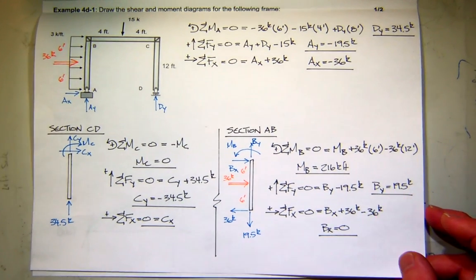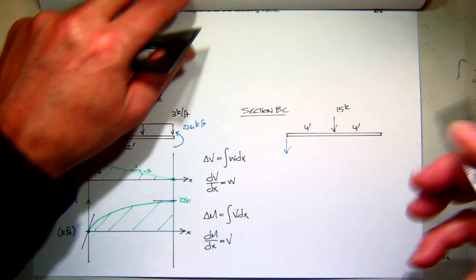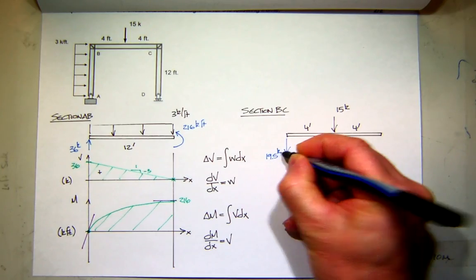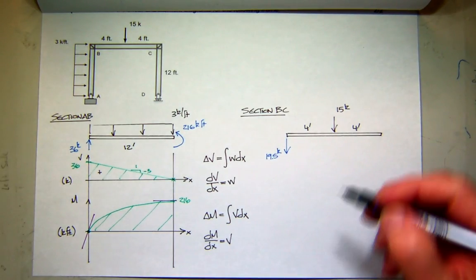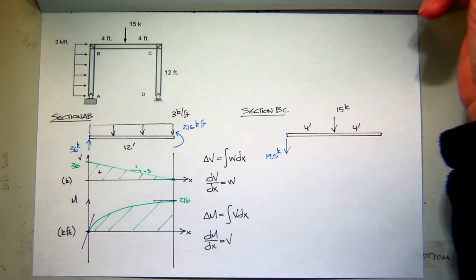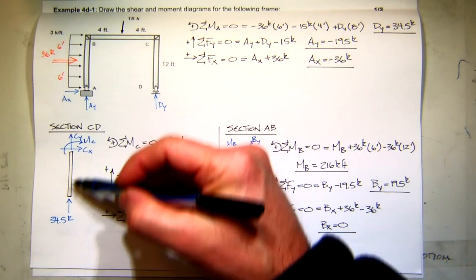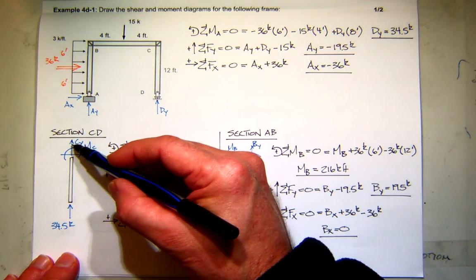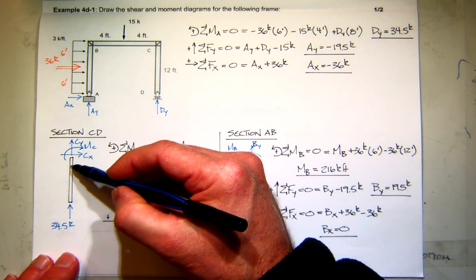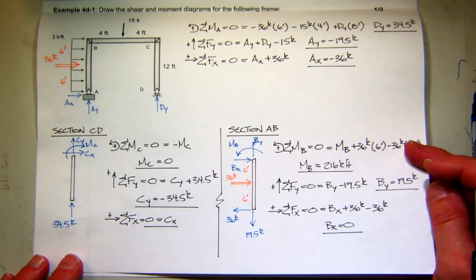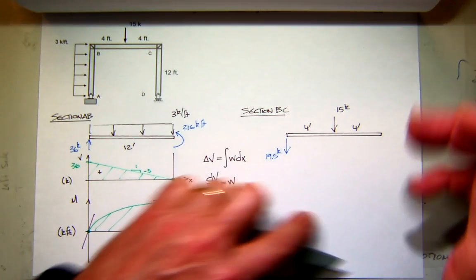BY was 19.5. What was the Y force at C? Well, let's check our CD beam. It was 34.5 negative. So it's down on this element, so it has to be up on the other one, 34.5.